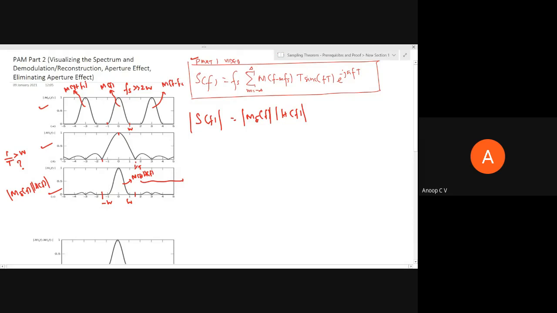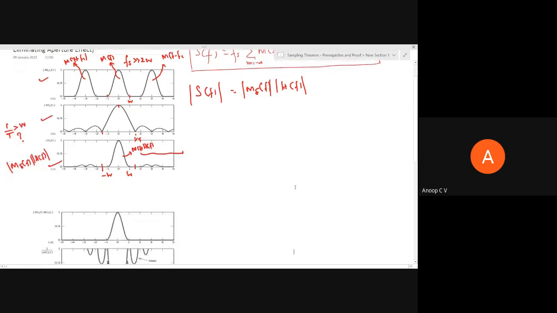So if the magnitude value changes, taking the inverse Fourier transform will result in distortion. In order to reconstruct, I've left some space here so that I can draw the characteristics of this filter.